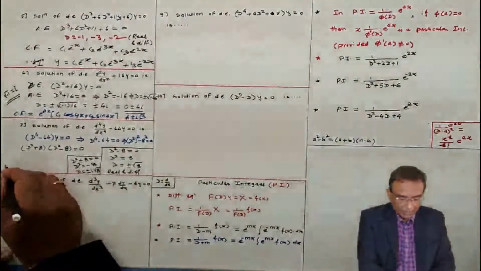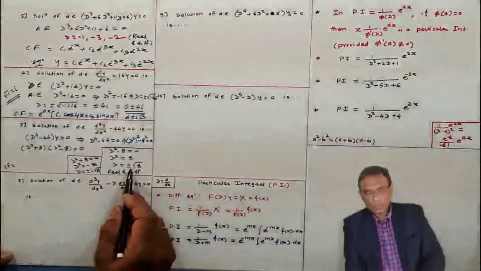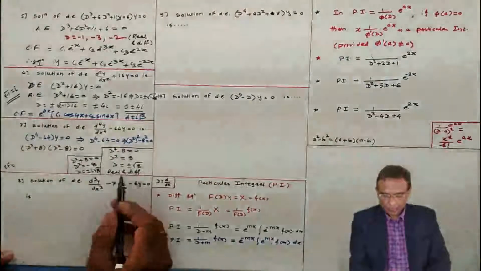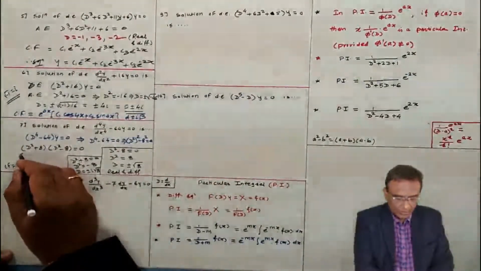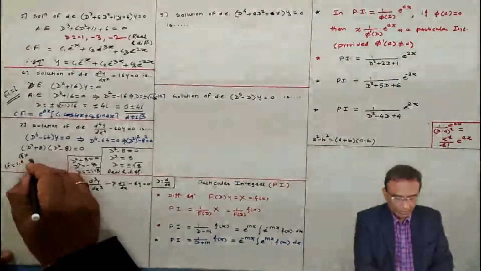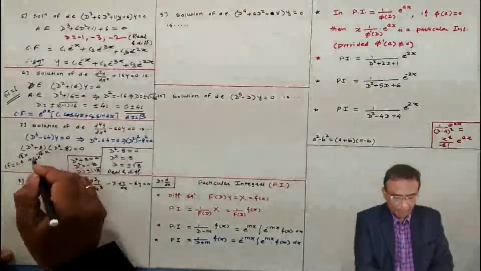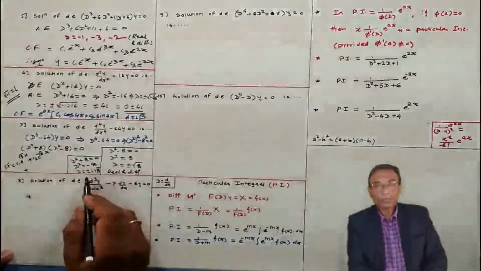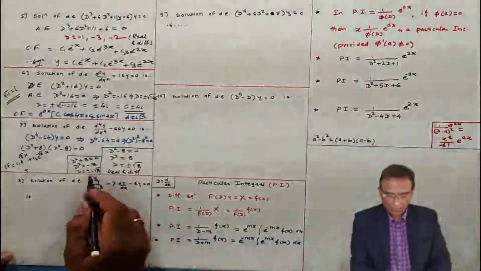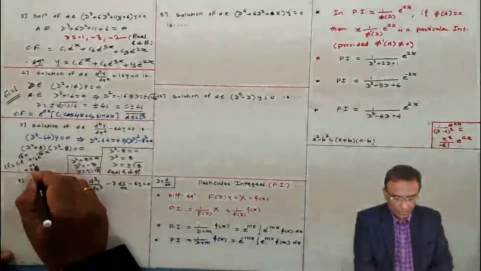Therefore, the complementary factor will be what? You can either write for this one first or this one first. For real and different, c1 e to the power root 8x plus c2 e to the power minus root 8x plus, now 0 plus minus i root 8, alpha plus minus i beta type, e to the power 0x.